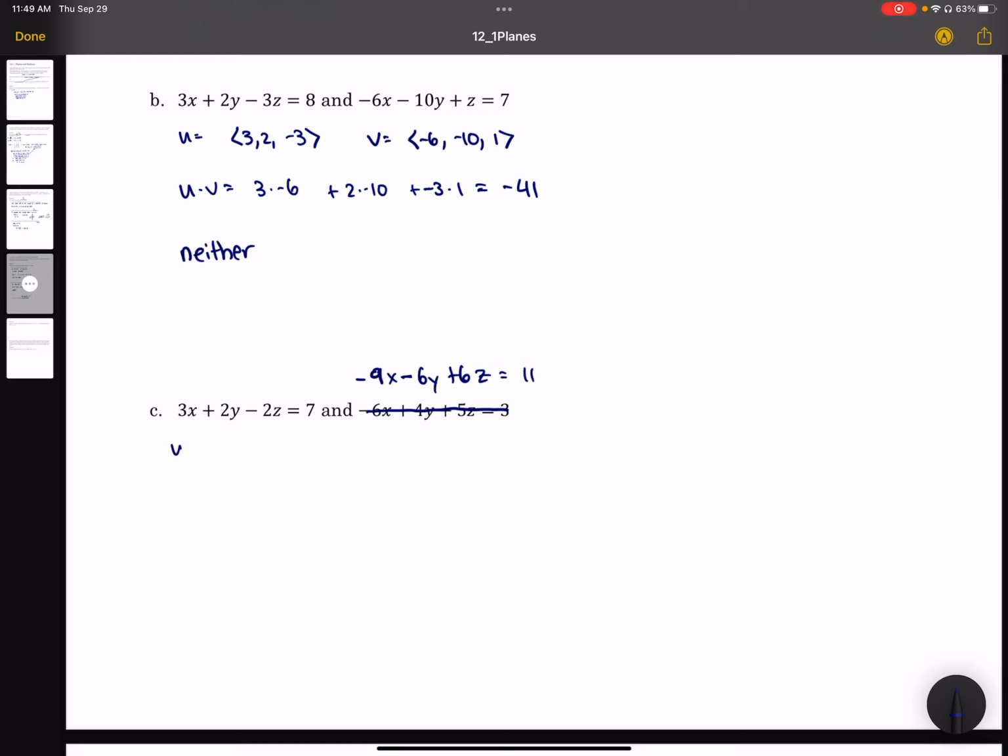So U is going to equal 3, 2, -2, and V would equal -9, -6, 6. What we clearly see is that U is equal to -1/3 V. If you take the components of V and multiply by -1/3, you get vector U. So in this example that I modified, U and V are parallel.